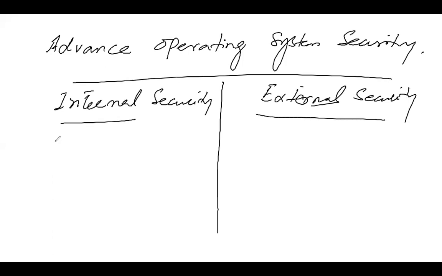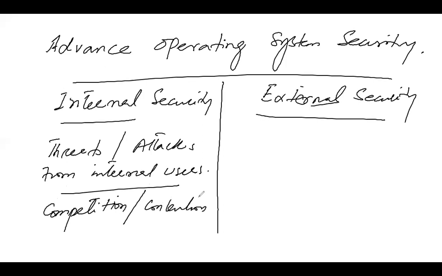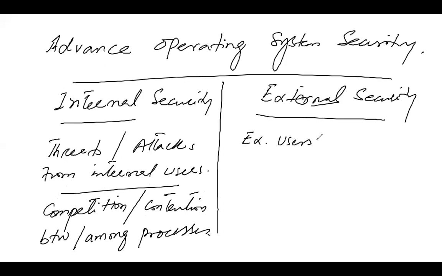Internal security is actually the threats or attacks from internal users, or you can see the competition or contention between or among processes, while external security is actually from external users.